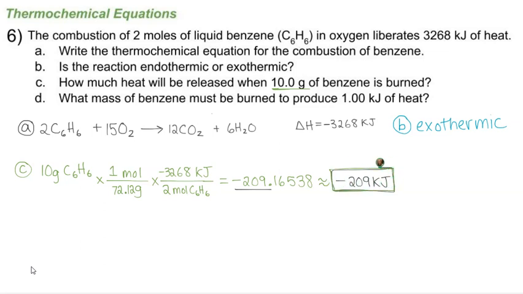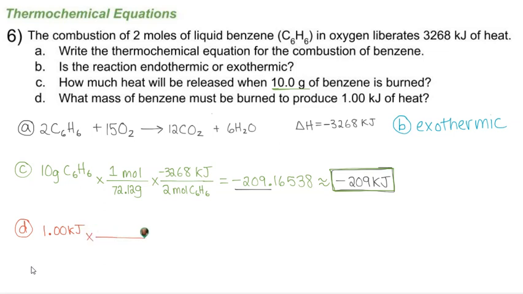Last but not least, in part D, it says what mass of benzene must be burned to produce 1 kilojoule of heat. So we're kind of just going the other way here. So still dimensional analysis, but this time we're starting with 1.00 kilojoules. And we want to know what mass or how many grams of benzene we have to burn.